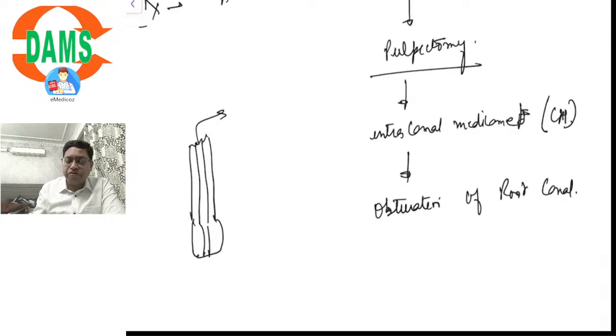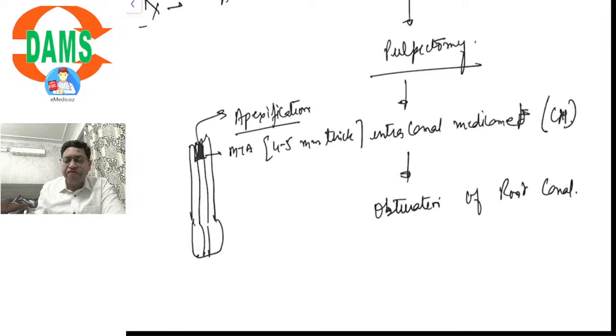Regular obturation is not possible. After calcium hydroxide dressing, we can attempt apexification, that is closure of the root end by forming an apical plug of a substance like MTA, a 4 to 5 millimeter thick plug of MTA, followed by obturation of the root canal.